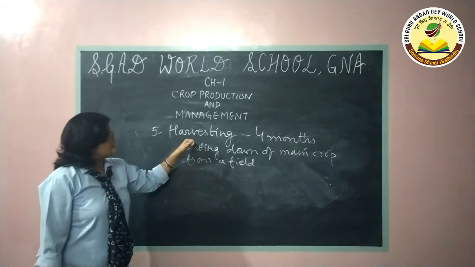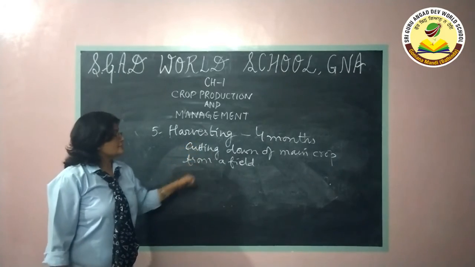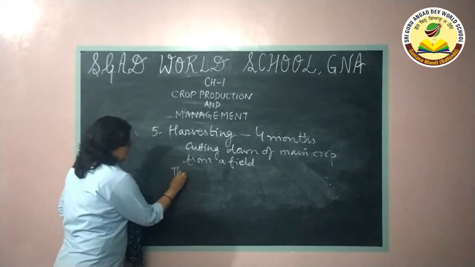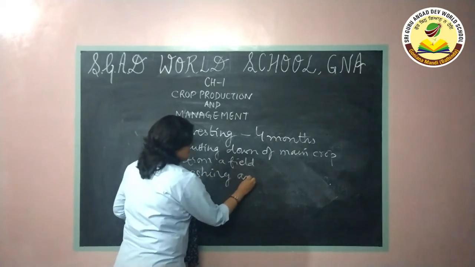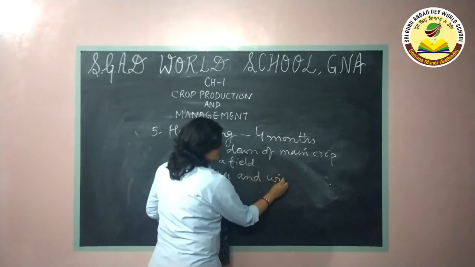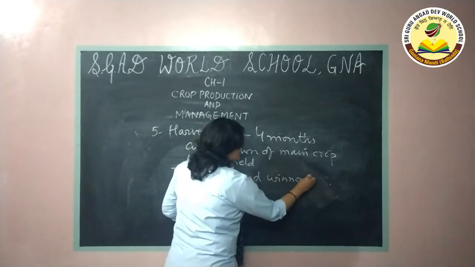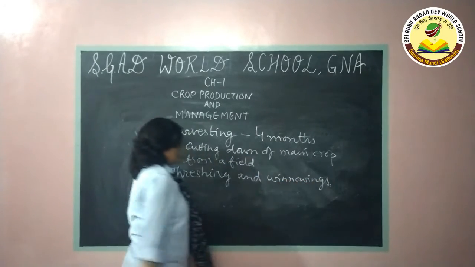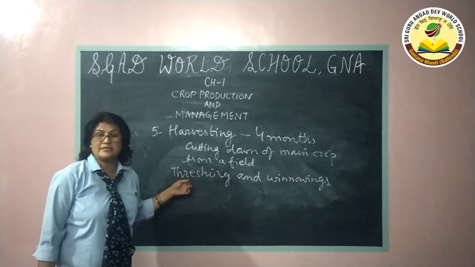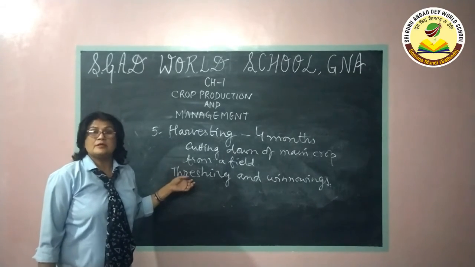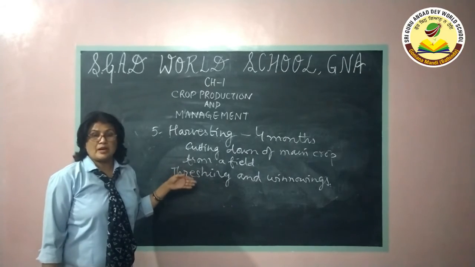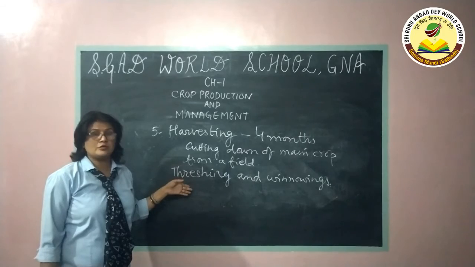Now, when harvesting is done, after that threshing and winnowing processes are followed. What is threshing? Threshing is the process where the main grain is taken out from the chaff of the plantlet of that particular crop.